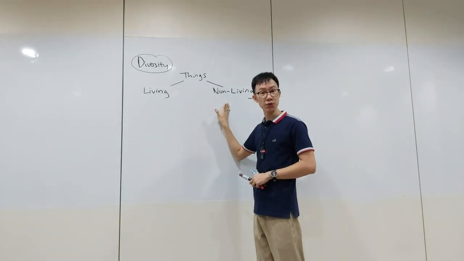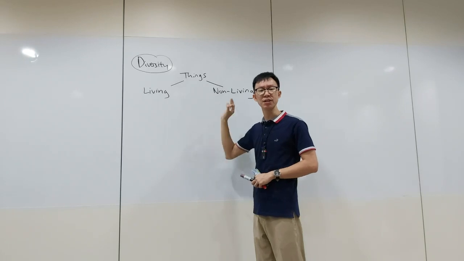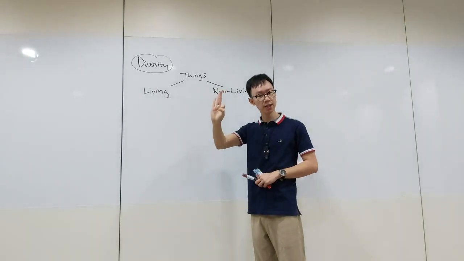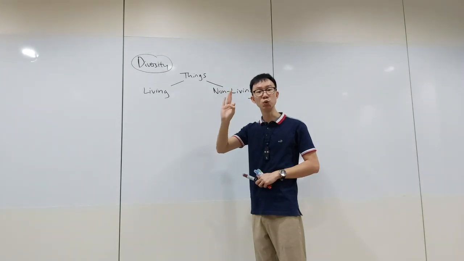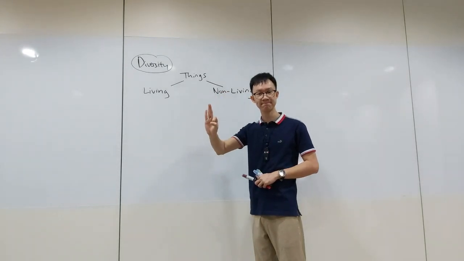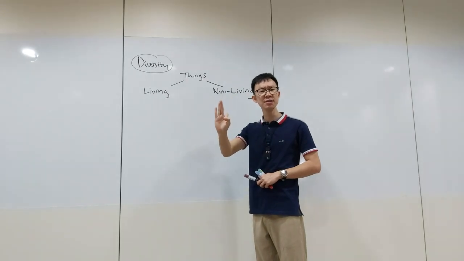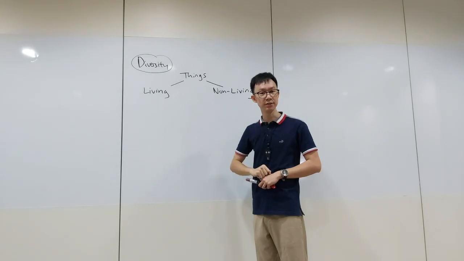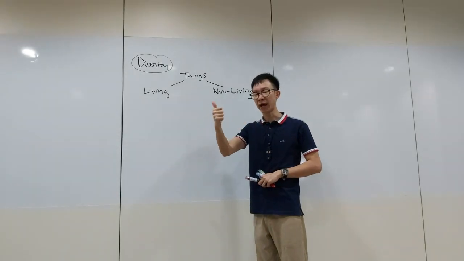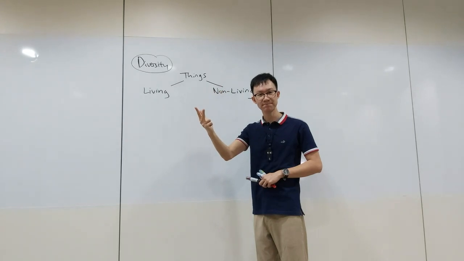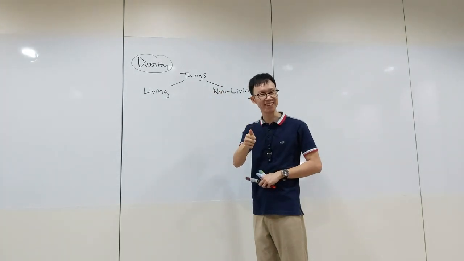Okay, let's give you a hint. Living things need 3 things to survive, and living things do 3 things. Can you remember what are the 3 things that living things need to survive? Living things need air, food, and water to survive. Did you get that? Well done.